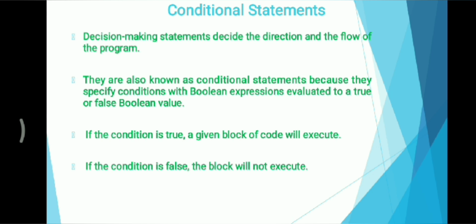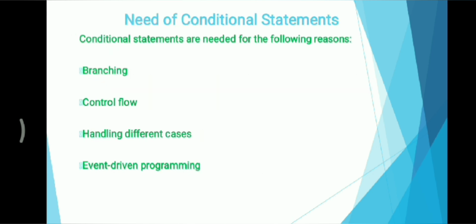Based on the condition, it will return the Boolean value. If it is 1, a set of statements will work. If it is 0, some other set of statements will work or nothing will happen. So this is the concept of conditional statement.